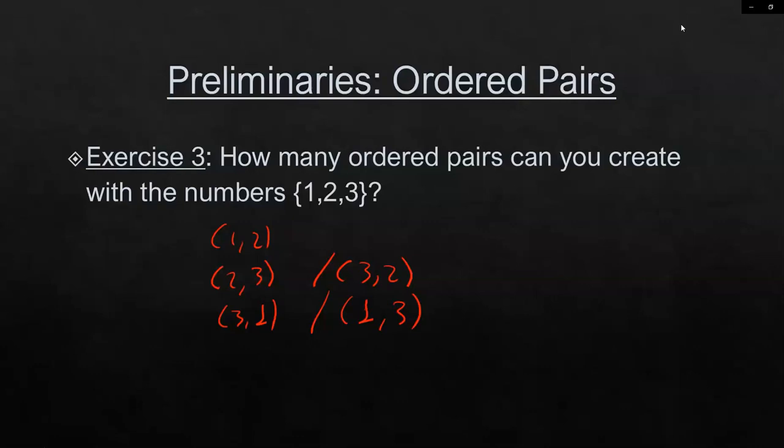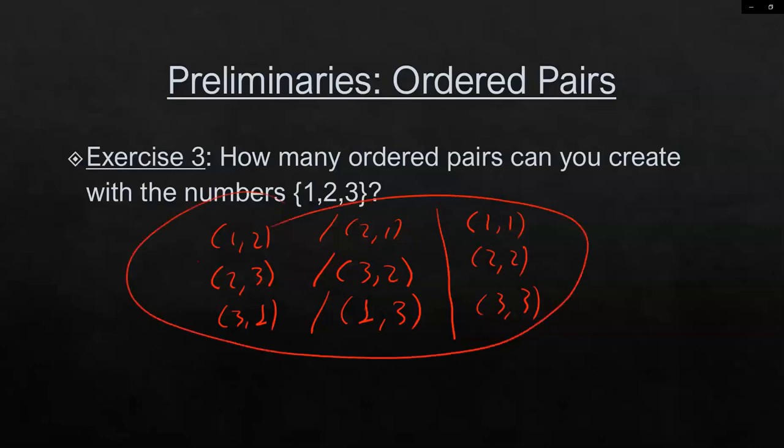Yes, 2, 1. Great. Thank you. We are also allowed to choose the same element twice. Nobody restricts us on that. So these are very nice ordered pairs too. Yes, Angelina. 1, 1, 2, 2, and 3, 3 are also ordered pairs. Okay, so those are all the ordered pairs that we can make.